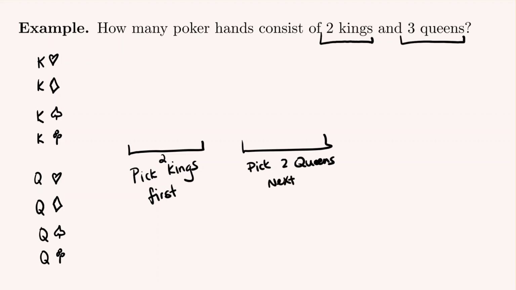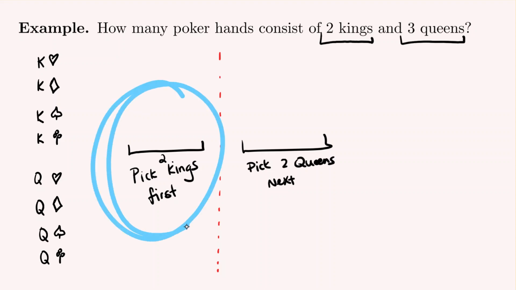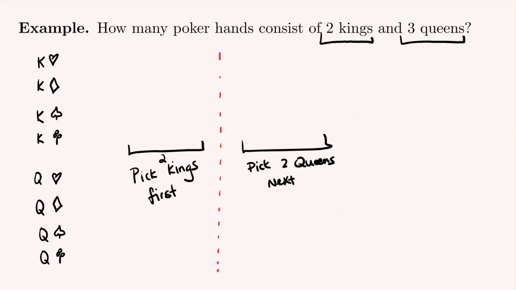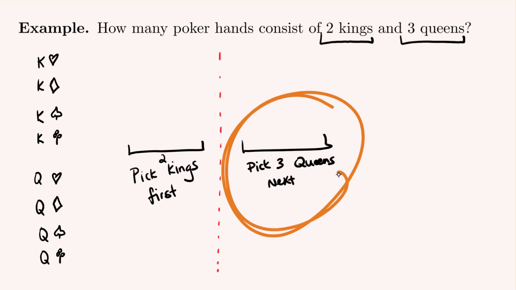So what I want us to see here is that in order to pick a 2 king hand and a 3 queen hand, we have 2 distinct portions of our process. We first need to pick the 2 kings, then separately we need to pick the 2 queens. Excuse me, I should have written 3 queens here. So we pick the 3 queens next.